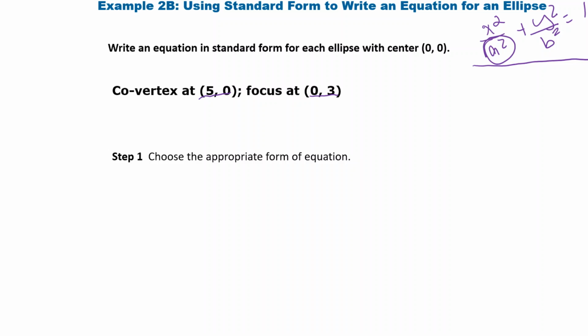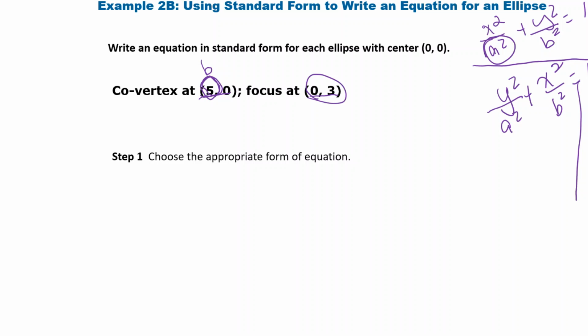If it's vertical, then our a, the longer one, is going to be the y, so it would be y squared over a squared plus x squared over b squared equals 1. So let's look at what we have. We have a covertex, which means that's the smaller one, so this is actually going to be our b.